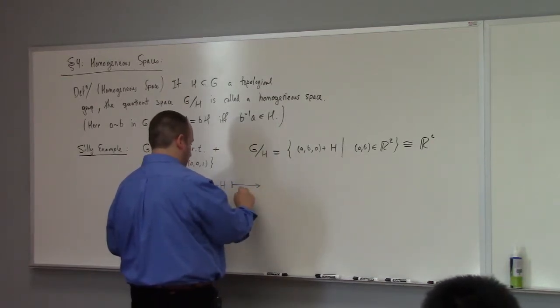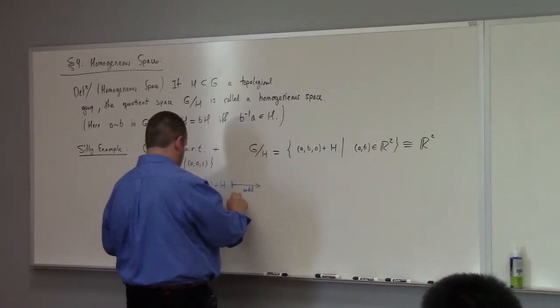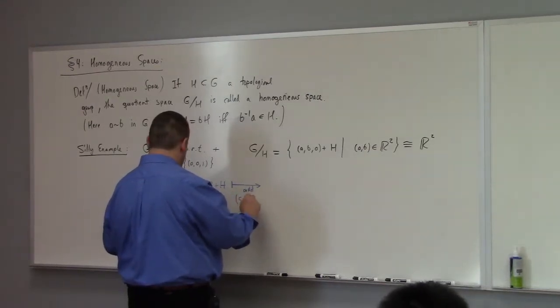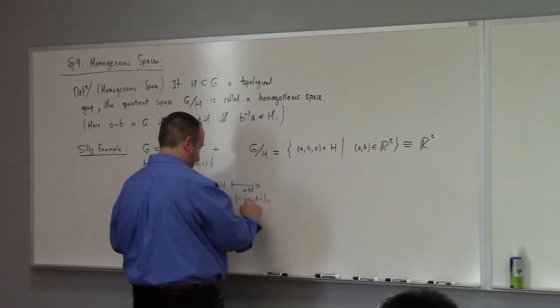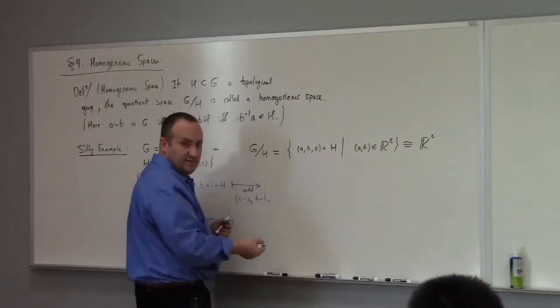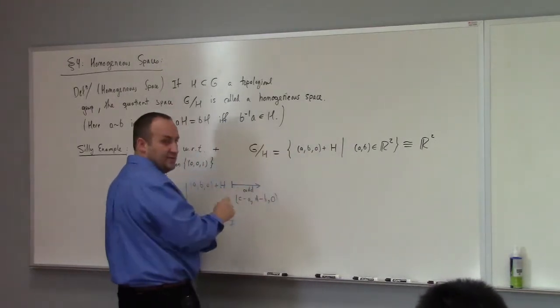So we just add c minus a, d minus b, and whatever you want, really. You could put 0 there, it wouldn't matter.